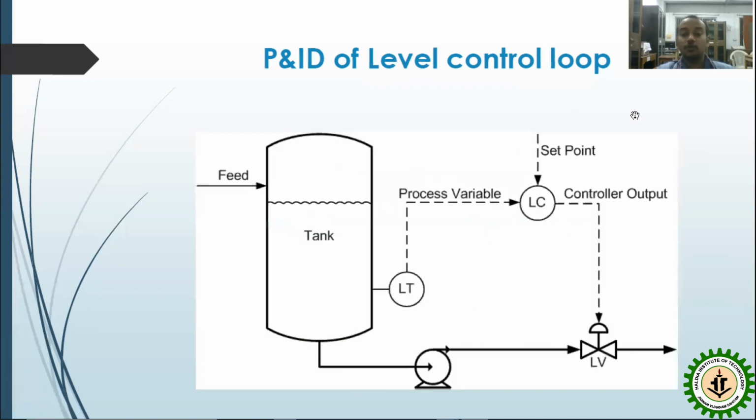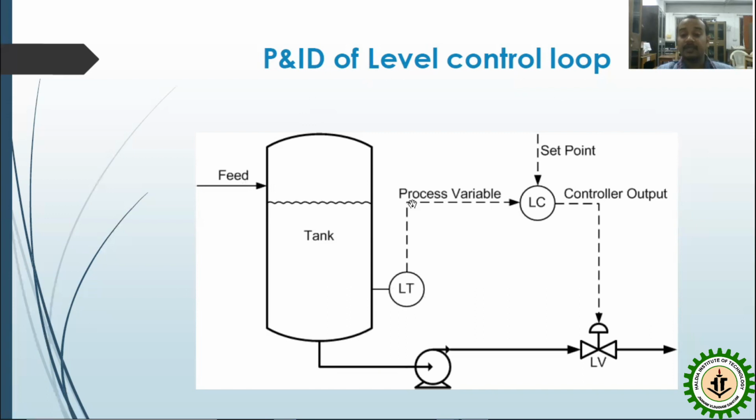Lastly, let's go to the discussion of the P&I diagram of a level control loop. Again, we have a tank and some feed will be given to it, maybe oil, maybe water, maybe anything. Here you can see that LT is associated, which is nothing but the level transmitter.